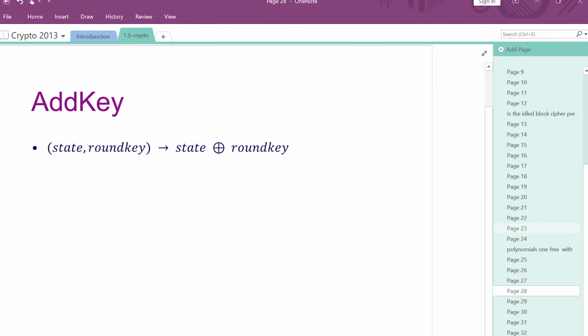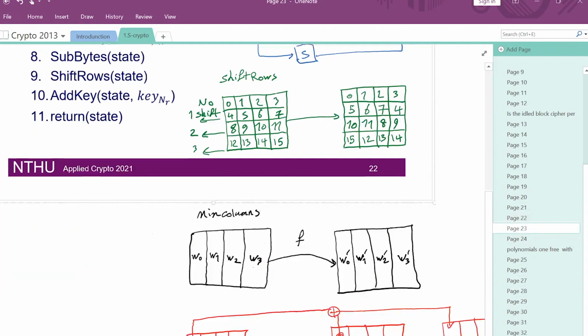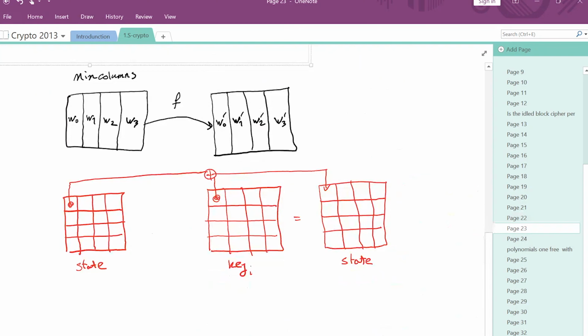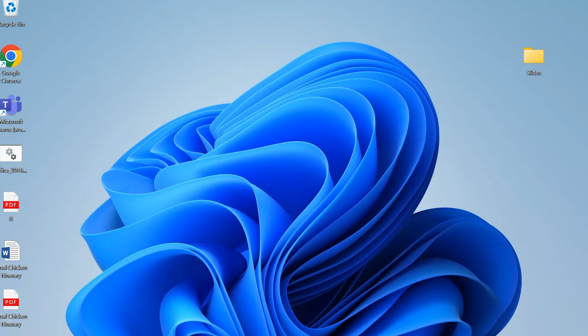So if I go back to the algorithm, this red one is the definition of the add key. We have the round key. We would just XOR the corresponding bytes and write the result into the state. So this is a very simple operation. All right, I think this is it for the AES.